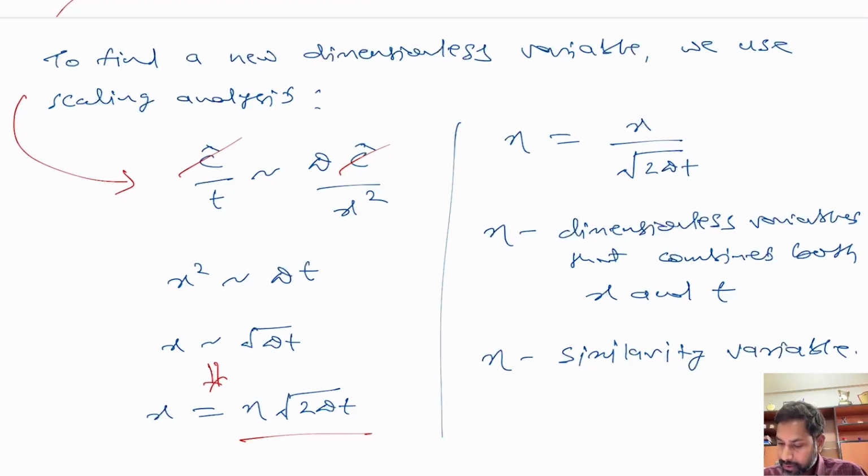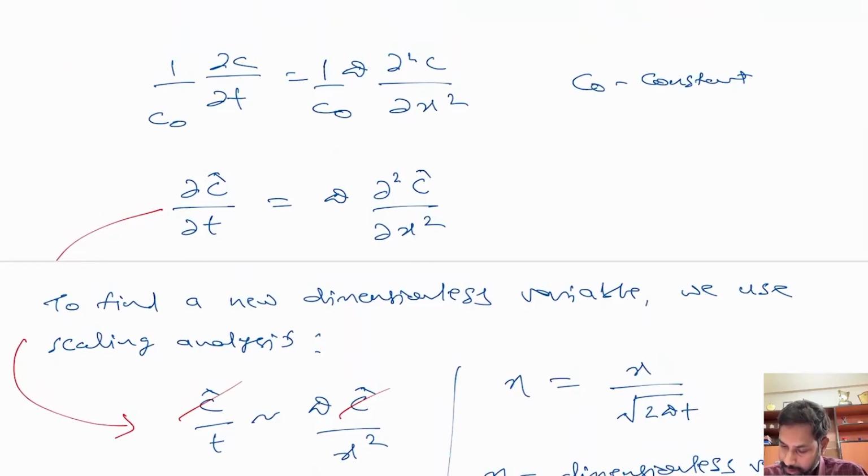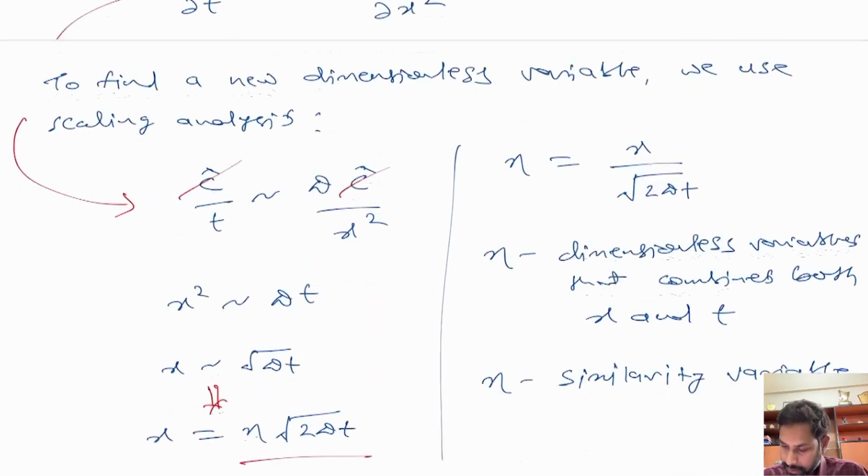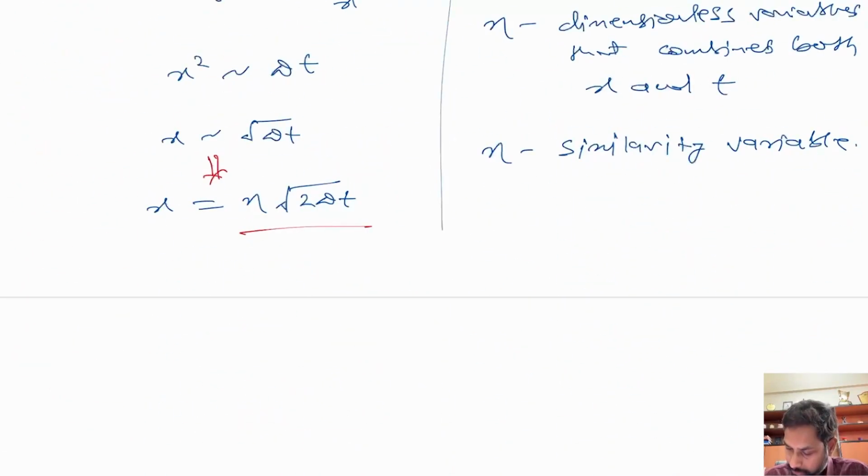Okay, so now we have defined eta, so we can further simplify this equation by doing a change of variable.